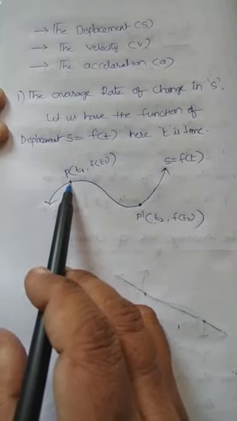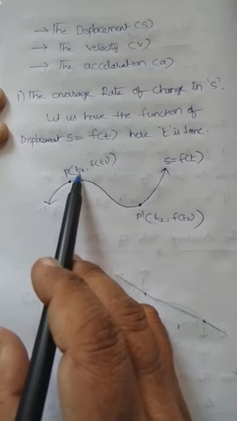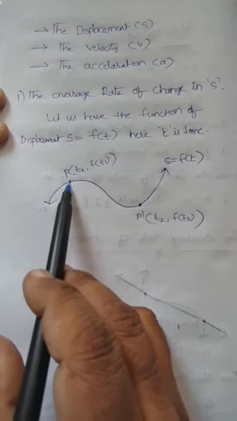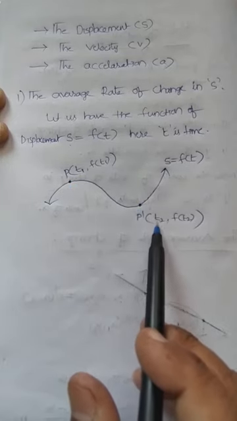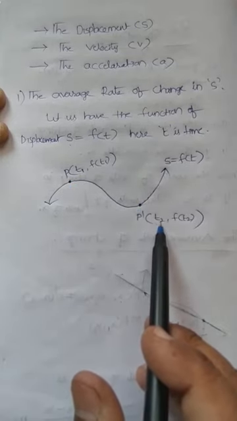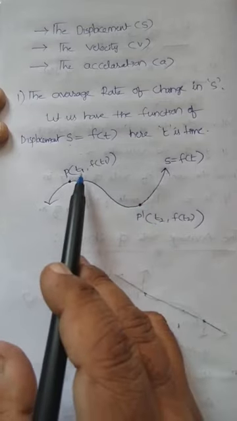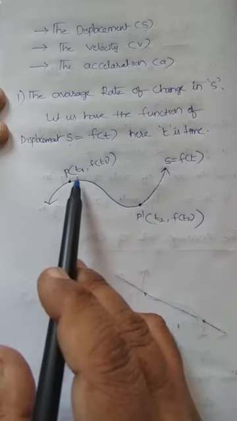When the point P is here, the time is t1 seconds, and when the point travels from P to P dash, the time is t2 seconds. So the variable changes from t1 to t2.